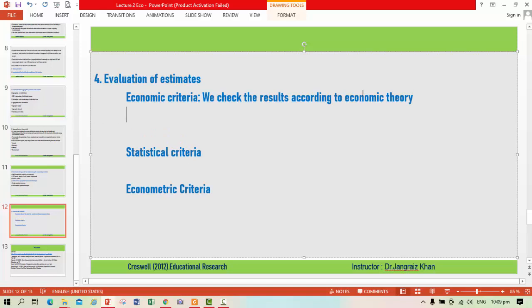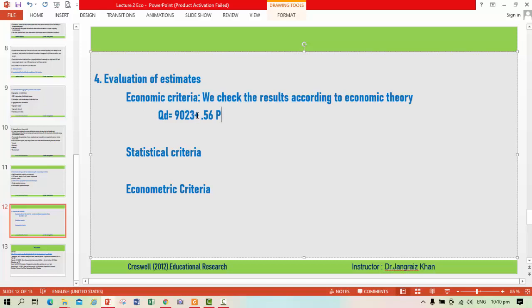For example, if you get the result that the quantity demanded is 9043 plus 0.56 P, suppose this is the result of the quantity equation for demand.